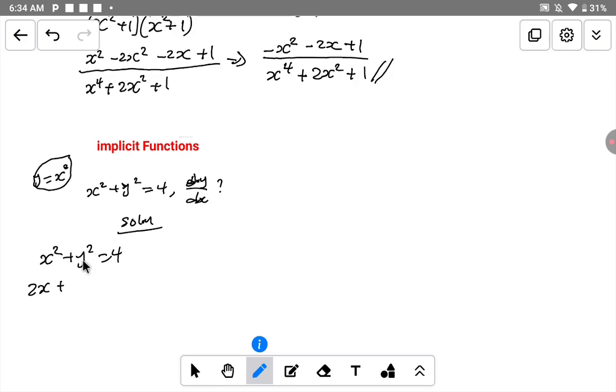So when we differentiate y squared with respect to y, that will be 2 multiplied by y, that is 2y with power 1, because we subtract 1 from the index, and then multiplied by dy/dx. So anytime you are differentiating y, always multiply by dy/dx.